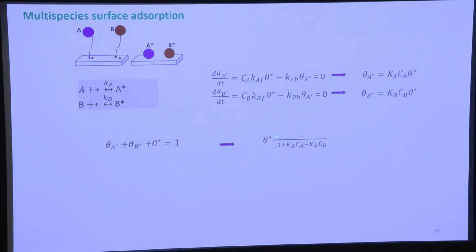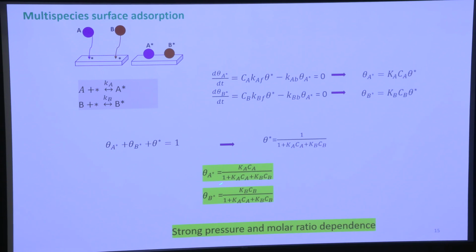And you can find a solution in which the open site fraction on the surface is proportional to the inverse of the adsorption rates of A and B to the surface. Then you can write down how much surface site is occupied by A and how much by B. And they compete with each other. So there will be not only a strong pressure dependence, but you also need a good molar ratio between A and B in order for the reaction of A and B to happen and give a high catalytic rate. So catalytic reactions are a strong function of that.